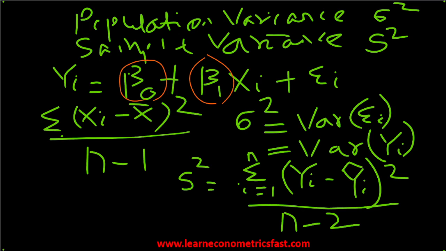Now this yi minus yi cap squared is the sum of squared errors. So instead of writing S square like that, I'm rewriting this.